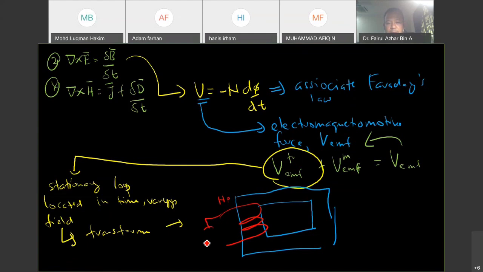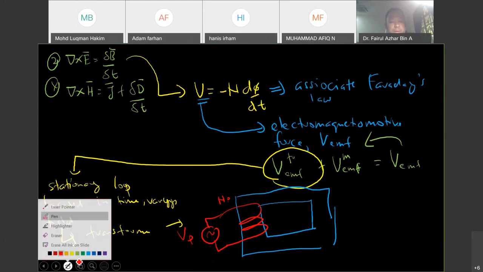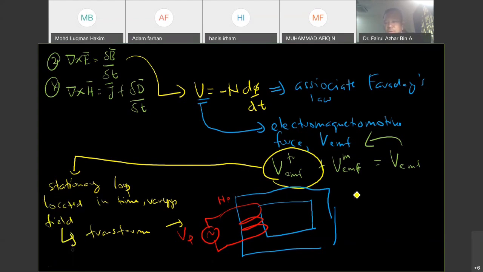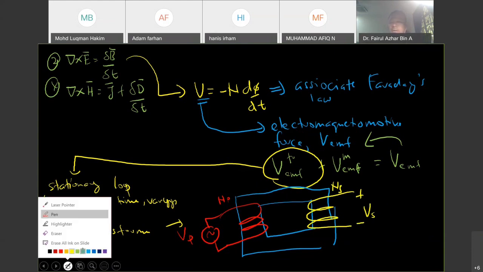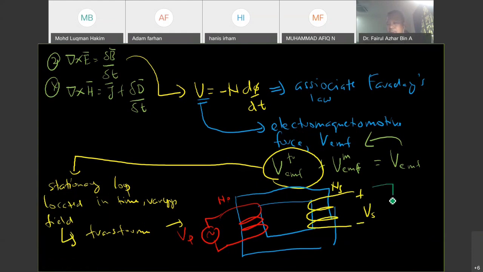If we connect to the source, this source is known as VP, the primary voltage. And then on the secondary side, we will have a secondary winding. We have a certain number of secondary windings, and then we will have a certain voltage here. And at the end of the operation, we will connect the secondary winding with a certain value of load. Okay, so this one should be RL.